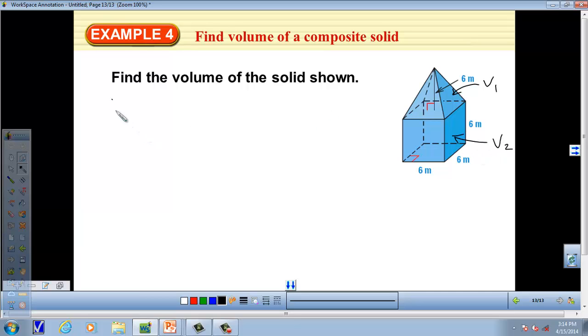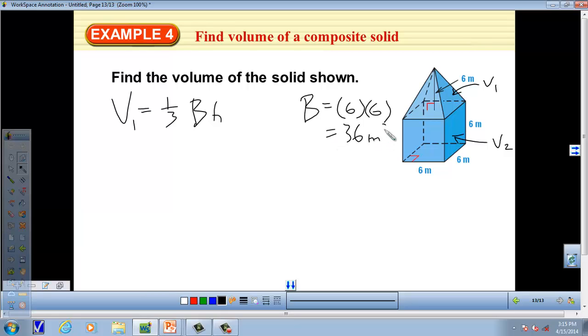So for the first one, we're going to have to use 1/3 area of the base times the height. Now the area of the base for that pyramid is 6 by 6 because it's a square. So it'd be 6 times 6, or 36 square meters.